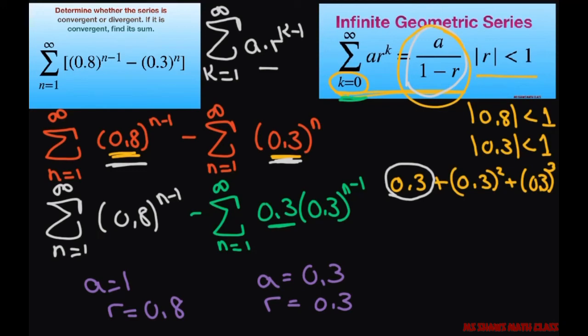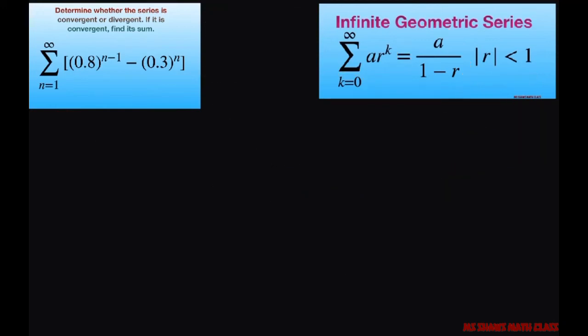So when you do that, you're going to get, for the first part, 1 divided by 1 minus 0.8, minus 0.3 divided by 1 minus 0.3.